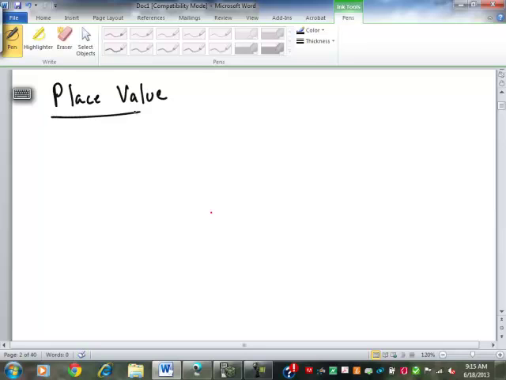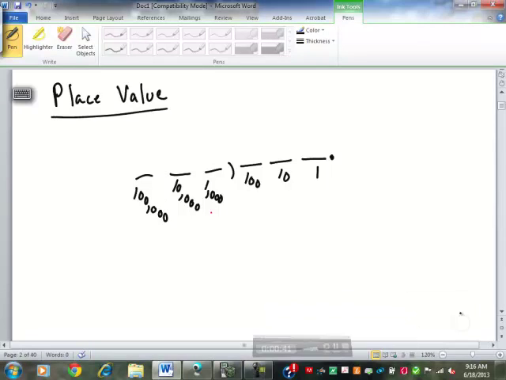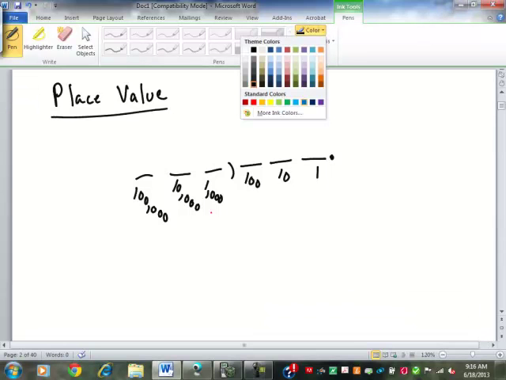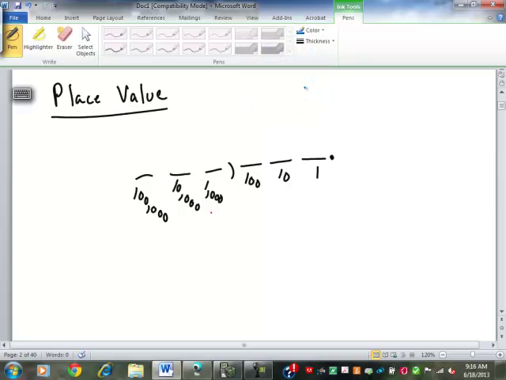We talked about those place values starting from the decimal and working our way back to the left as being the ones, tens, hundreds, and then the 1,000s, 10,000s, 100,000s, and so on. So anyway, we talked about those place values, but there's something more to it.